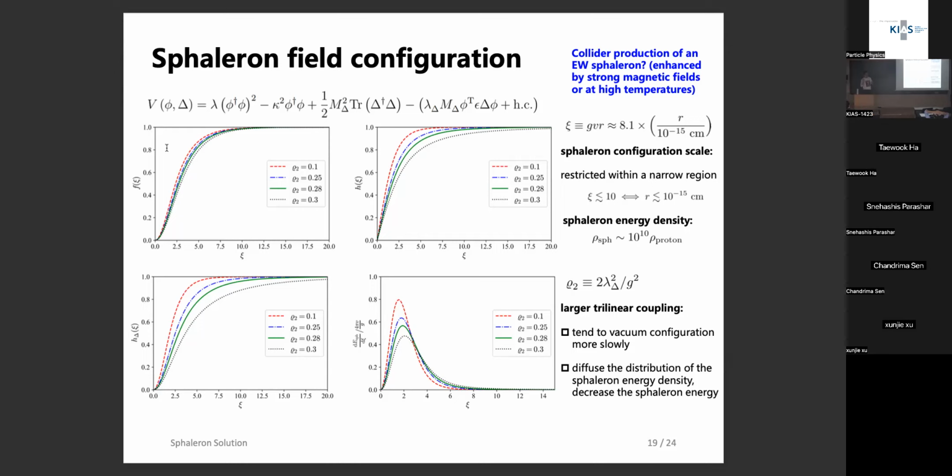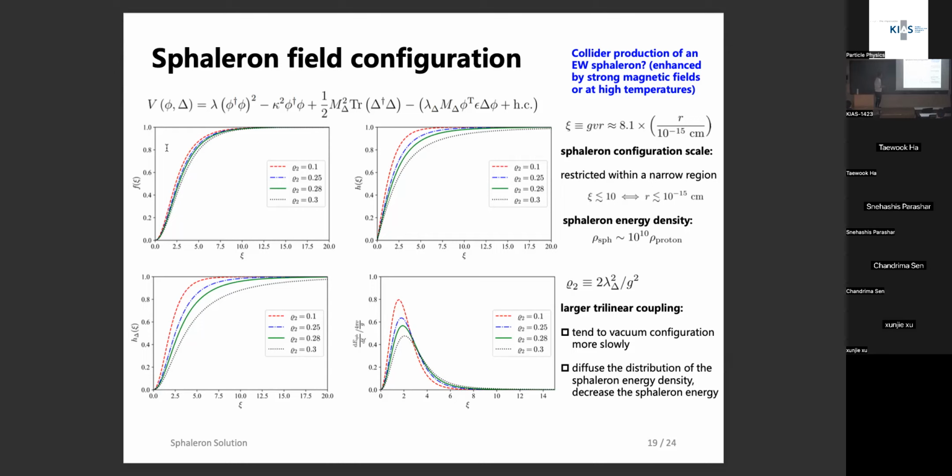Then if you put in a strong external magnetic field, this will significantly reduce the energy of the Sphaleron. So that will enhance the probability to generate a Sphaleron. However, such a strong magnetic field is not available currently. So unfortunately, we have no practical method to produce a Sphaleron in a collider at present.